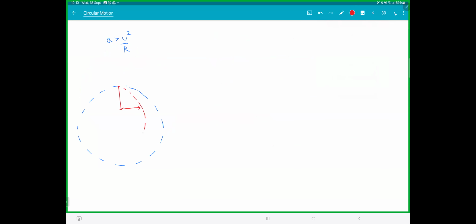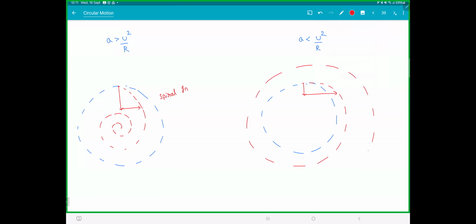The particle will go smaller and smaller, you'll spiral in, and eventually you'll collapse into the sun. What if acceleration is less than u square by r? You will fall less toward the sun, but you will go more outside. The particle will eventually spiral out.